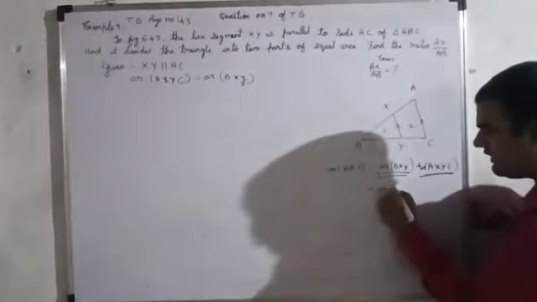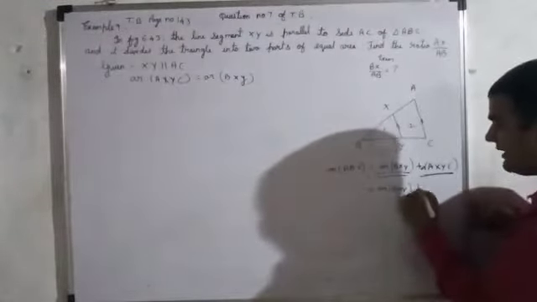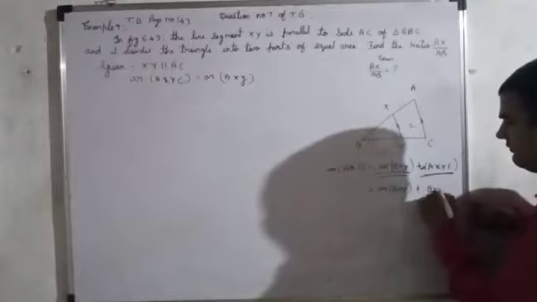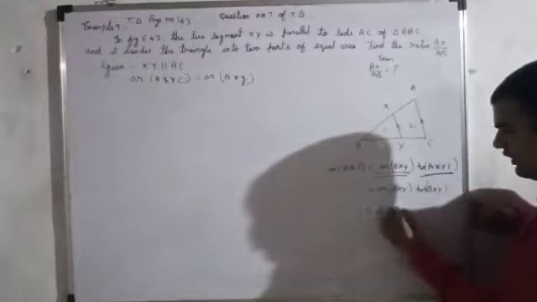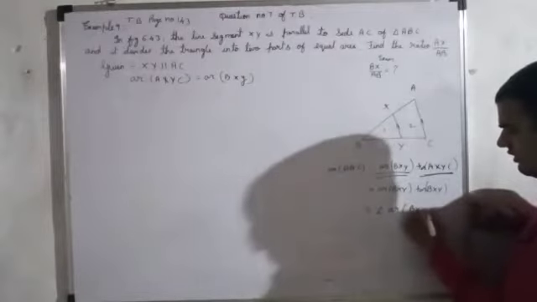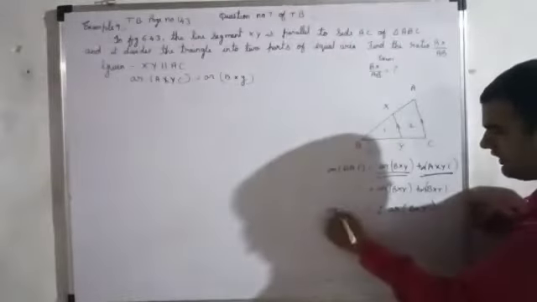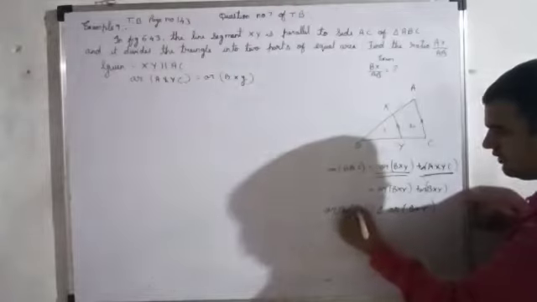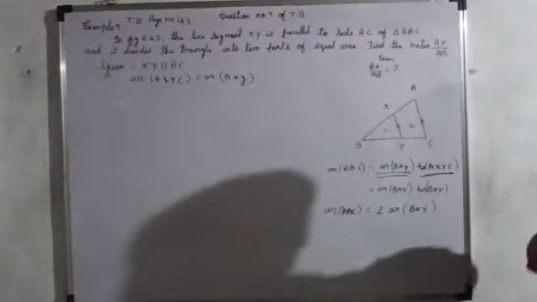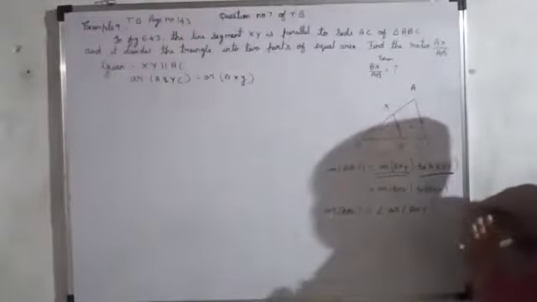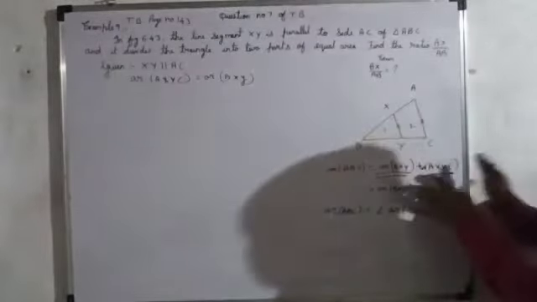Area of BXY plus BXY, so we get 2 times area of BXY. So area of ABC equals 2 times area of BXY. We can take its ratio, it will be needed somewhere. So we will keep it aside, it is done in rough.